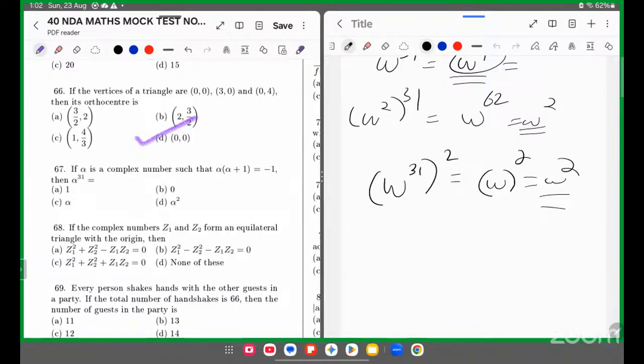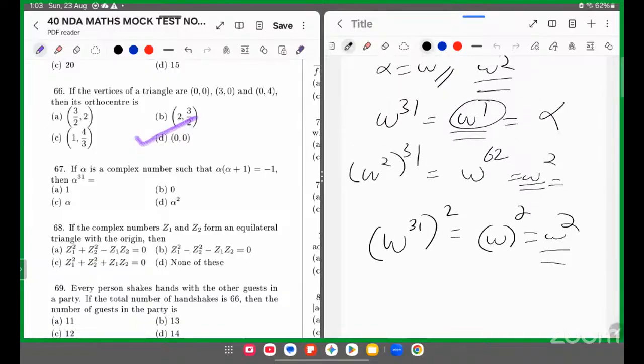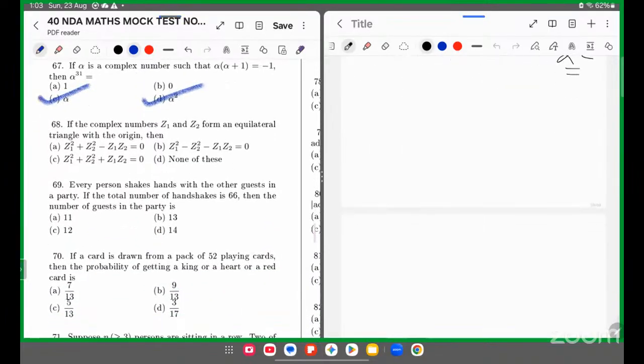So it can be both alpha also, alpha square also. So both answers can be possible.